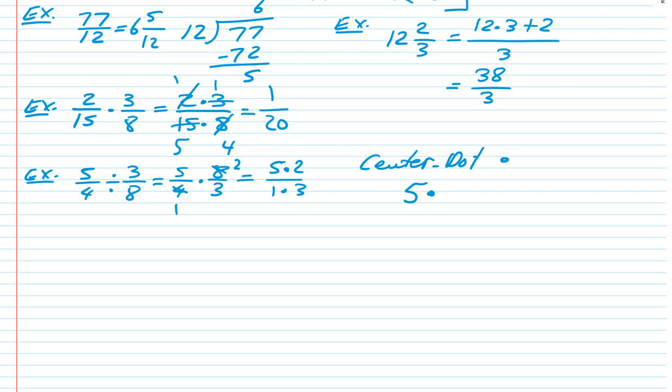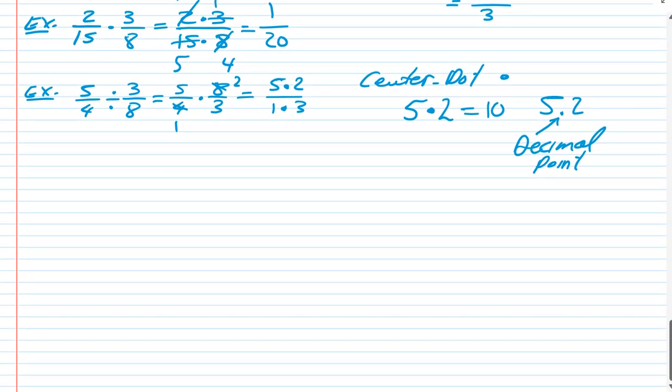Because look at this, 5 center dot 2. That's clearly product. If you move that dot lower, now this becomes a decimal point. So you got to be really careful when you multiply using dots and decimals. And that's why I emphasize and make it boldface or something to emphasize that these are not decimals, they're multiplication symbols. All right, and then we're good to go here. That's going to be 10/3, right, as an improper fraction, or 3 1/3 as a mixed number.